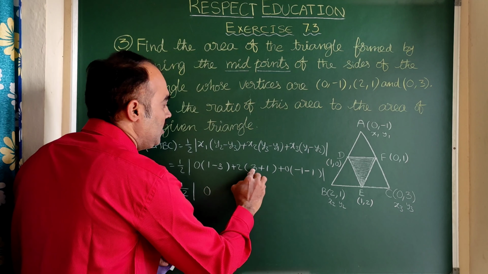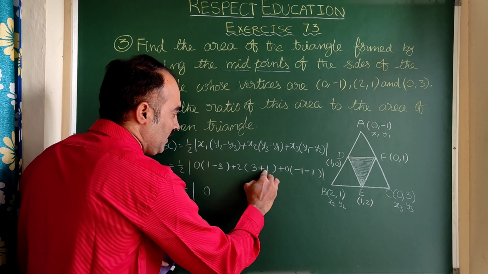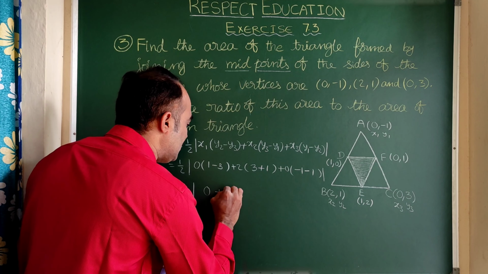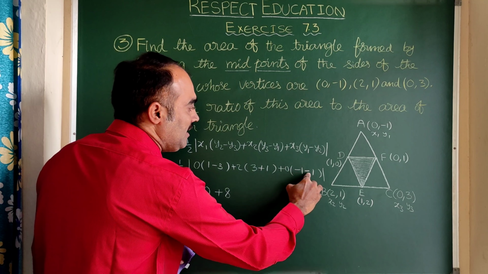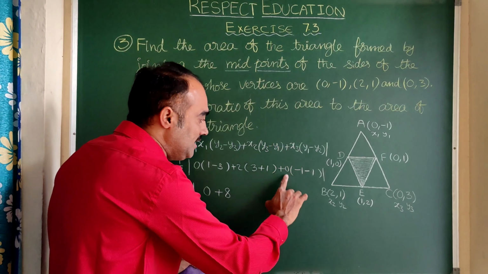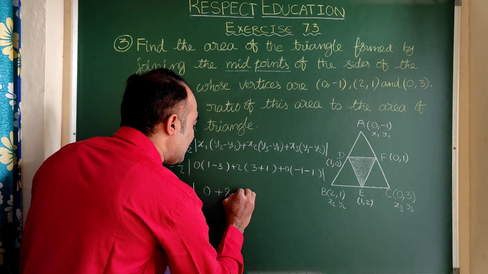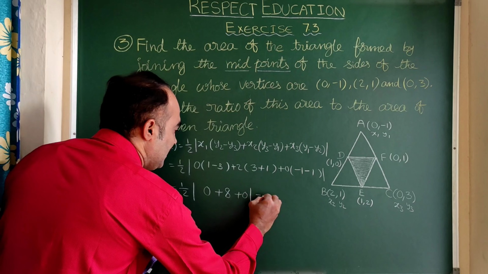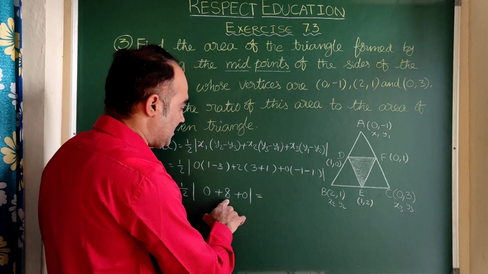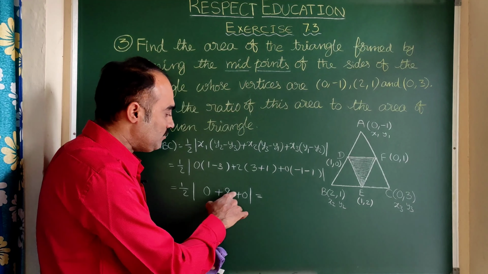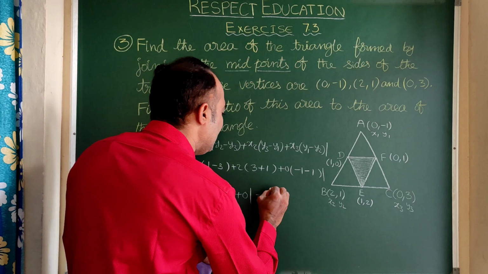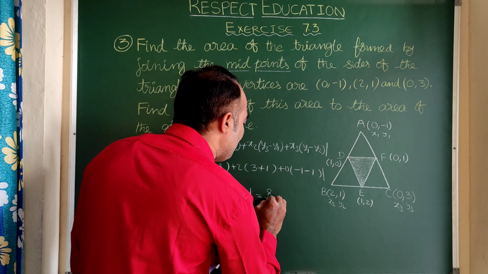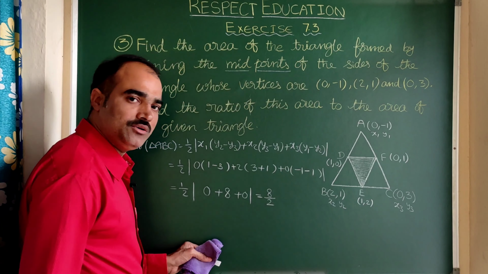Let us simplify this. 1 by 2 into, see here, 1 minus 3 is minus 2, 0 into minus 2 is 0, so directly I am writing here 0. Next 3 plus 1 is 4, 2 4s are 8, so it is plus 8. Minus 1 minus 1 is minus 2, 0 into minus 2 is again 0, so let us write 0 as it is. So on simplification, 0 plus 8 is 8, 8 plus 0 is 8, so here we get finally 1 by 2 into 8, which can be written as 8 by 2.